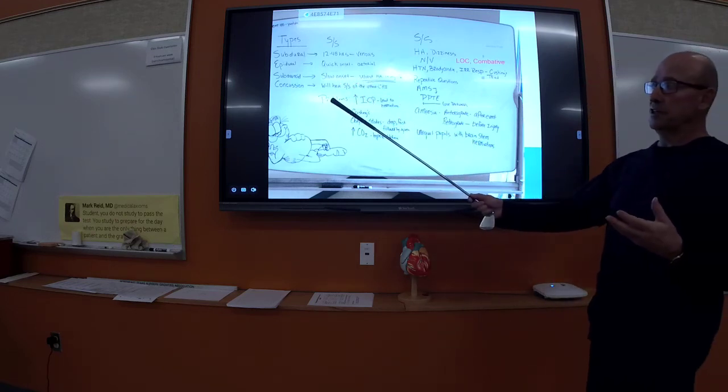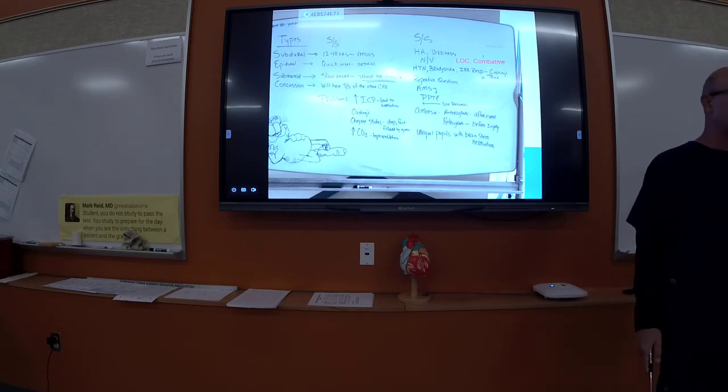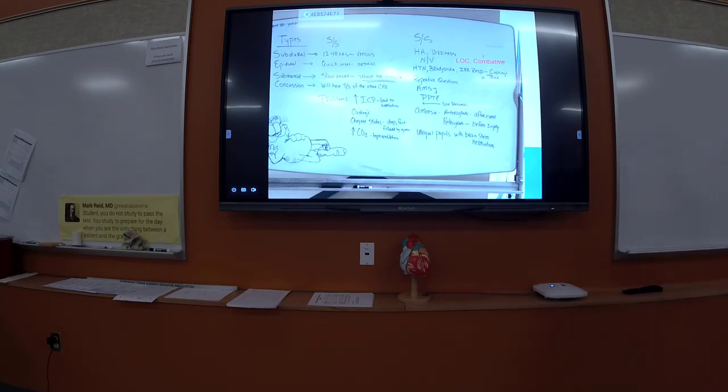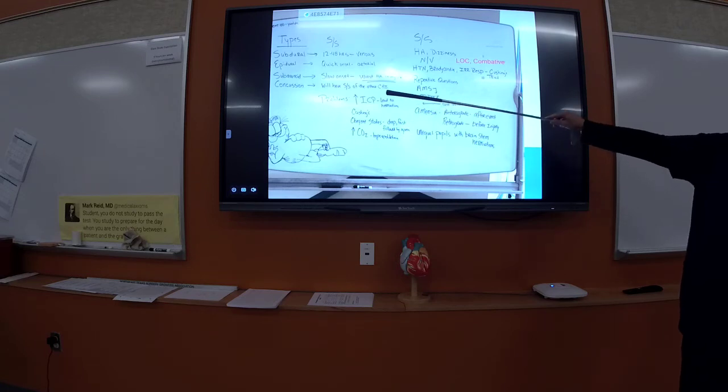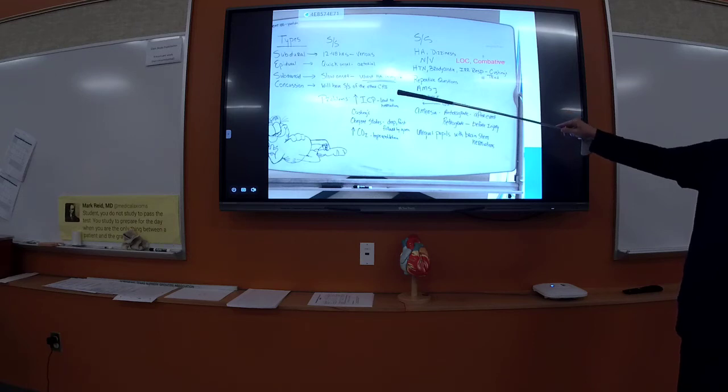A concussion, we pretty much all know about concussions now from TV. In the NFL, they're super sensitive to concussion. They have concussion protocols. You guys have concussion protocols in your sports, right? All these signs and symptoms sort of match up. Even with the concussion, you can see that CHI stands for closed head injury.